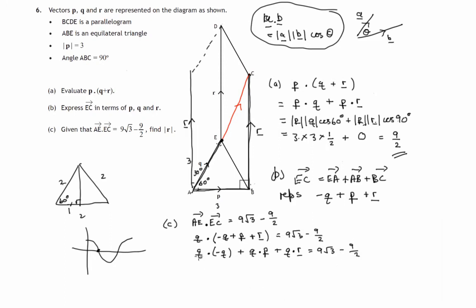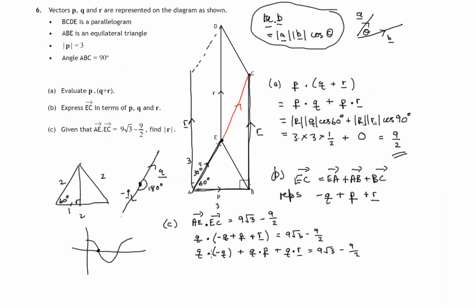Now let's look at the dot product Q dot negative Q. If we think of Q, and negative Q goes in the opposite direction, the angle between these two is 180 degrees. And the lengths of each of these, well, we know they're 3. Each side in this triangle is 3. So this will have length 3 and this will have length 3.